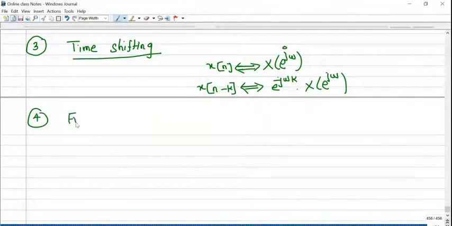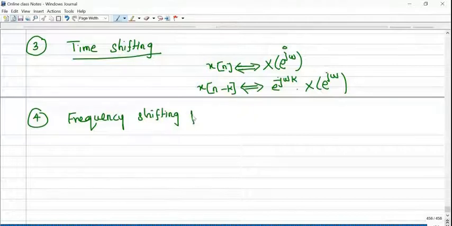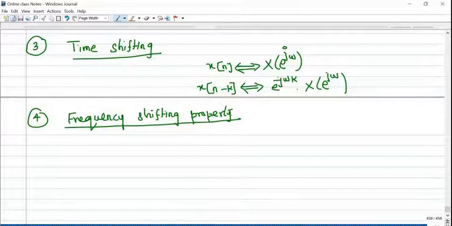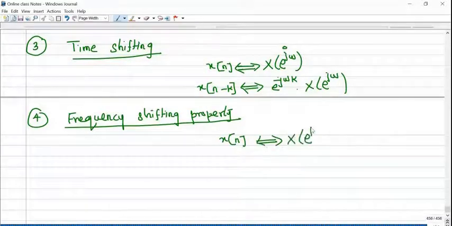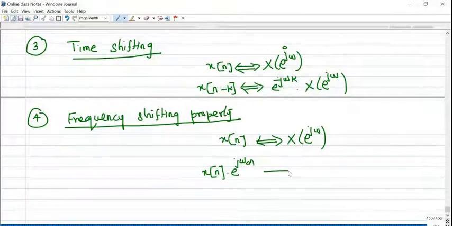Next, frequency shifting property. x of n. Let us assume the DTFT result is X of e power j omega. Suppose we find the DTFT of x of n multiplied with e power j omega naught n.